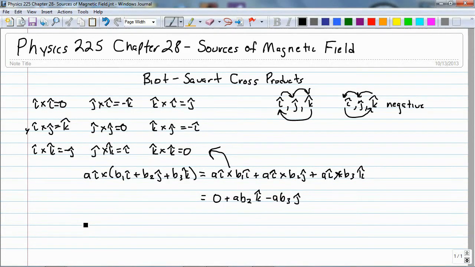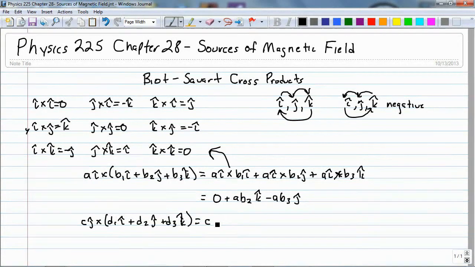And let me give you one more example. In this case, I'm going to put this cross product through.